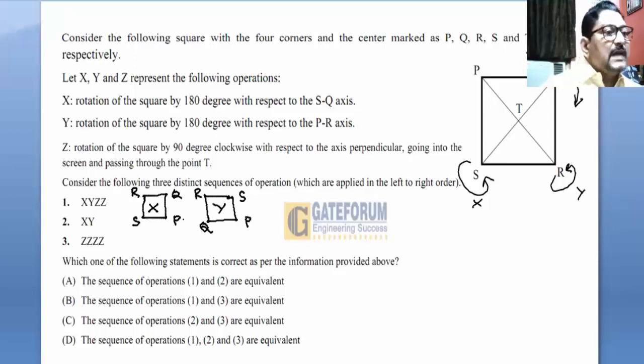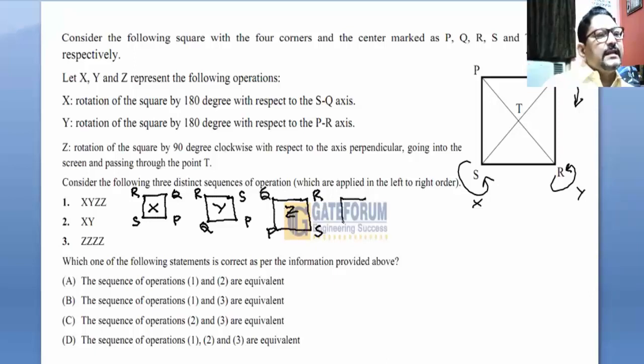Then on this, I will do a Z. Means I will move 90 degrees clockwise, means only one step. So the first Z would mean that R comes here, S comes here, P comes here, and Q comes here. And I would perform Z the second time.